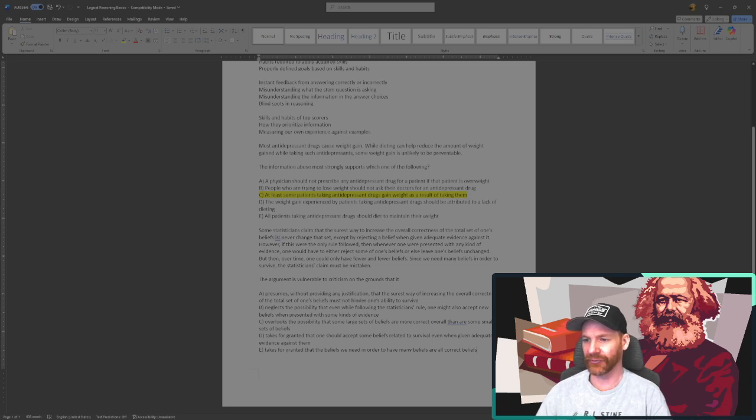Because we can still follow the rule, and if the rule were followed, then whenever one were presented with any kind of evidence, one would have to either reject some of one's beliefs or else leave one's beliefs unchanged. We can follow the rule by leaving our beliefs unchanged, right? But the argument is vulnerable to criticism that it does take for granted that the beliefs we need in order to have many beliefs are all correct beliefs.